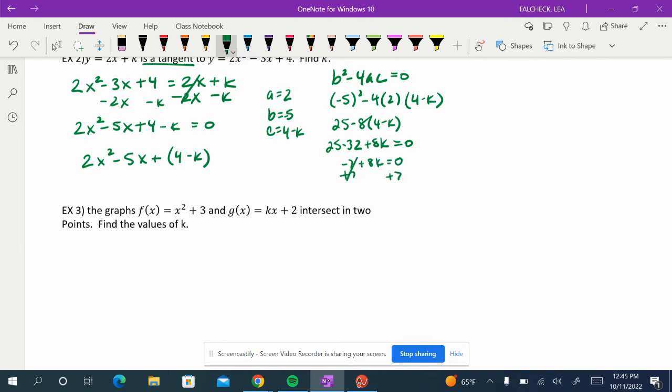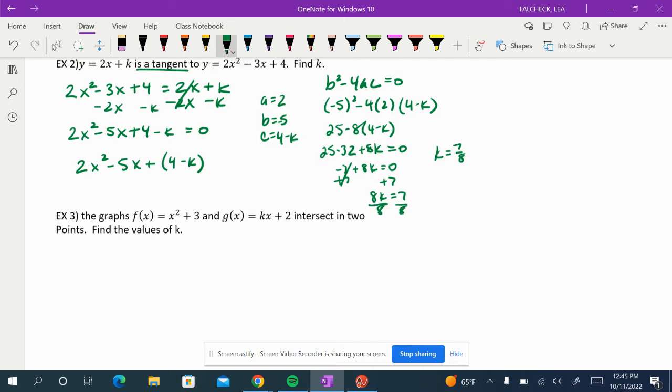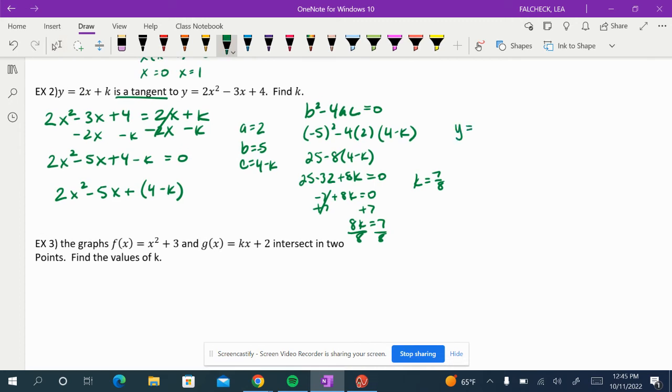Add 7: 8k equals 7. Divide both sides by 8 and you get k equals 7/8. So the line y equals 2x plus 7/8 is supposed to be tangent to the graph of y equals 2x squared minus 3x plus 4.